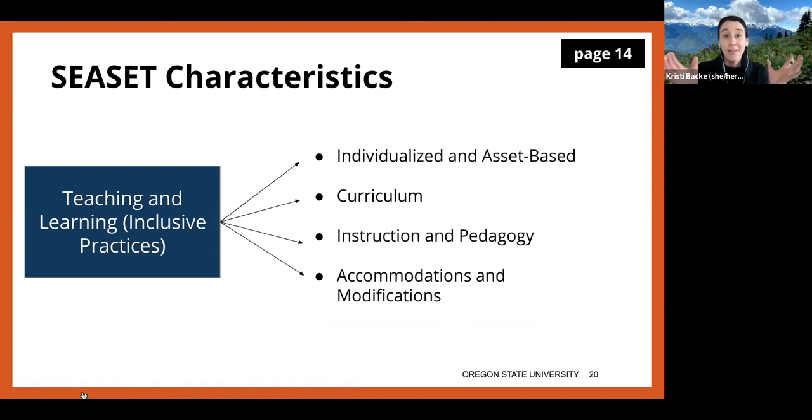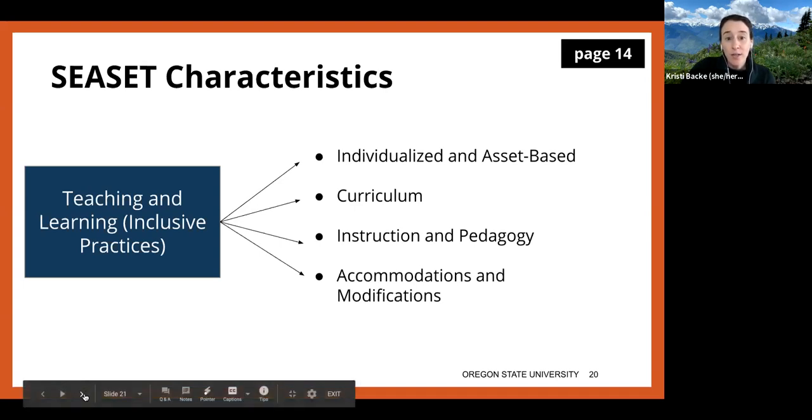So our biggest scale of organization was the themes. Then within each theme, we have the characteristics, and it goes down into another level of detail where each characteristic is broken into multiple qualifiers. So we're going to zoom in on accommodations and modifications, the last characteristic here.